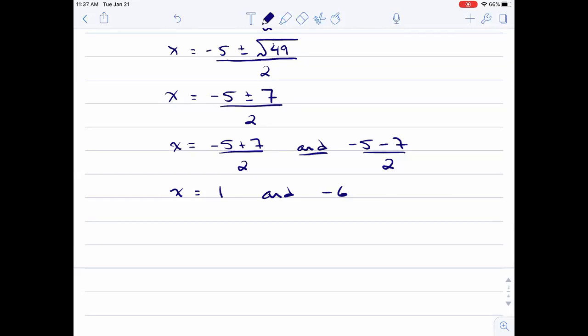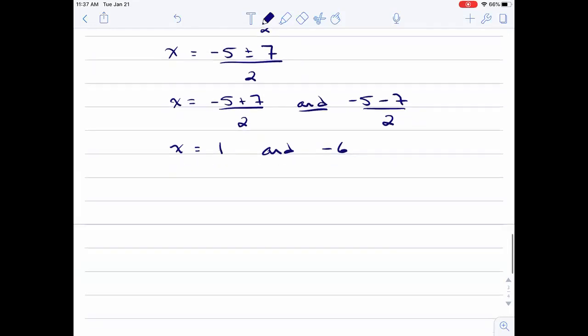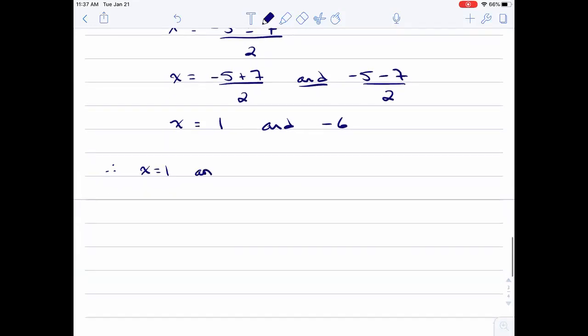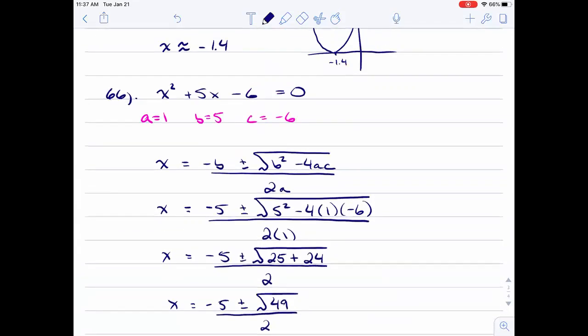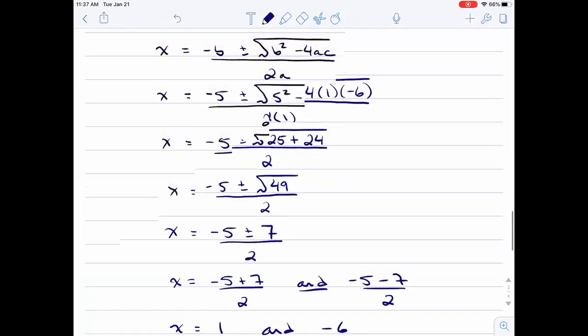Right? So those are the values that yield 0. And so what we can do, therefore, x equals 1 and x equals negative 6 make the original equation x squared plus 5x minus 6.